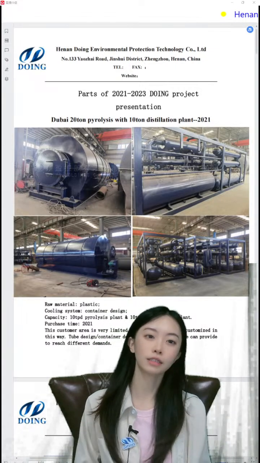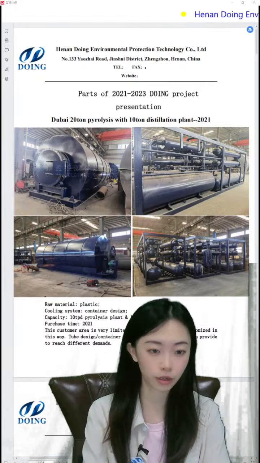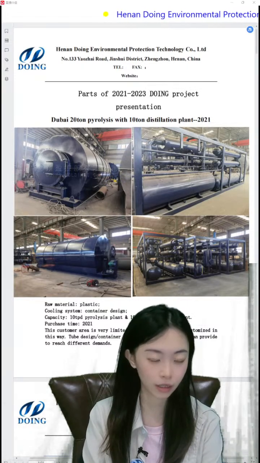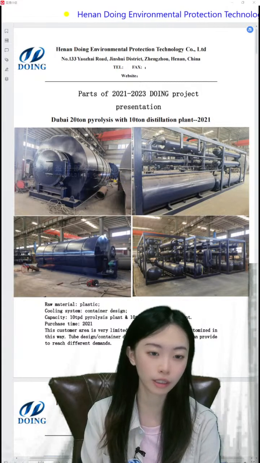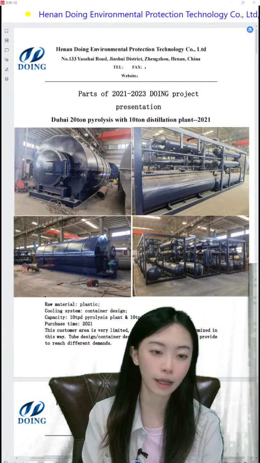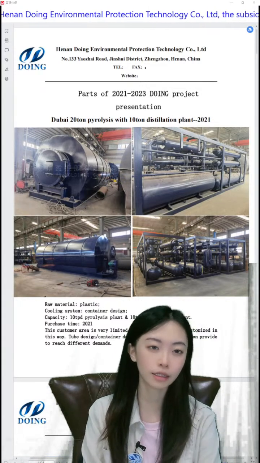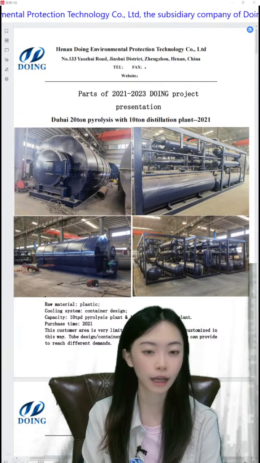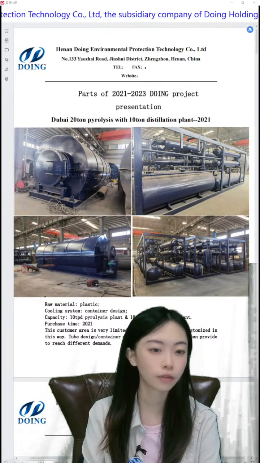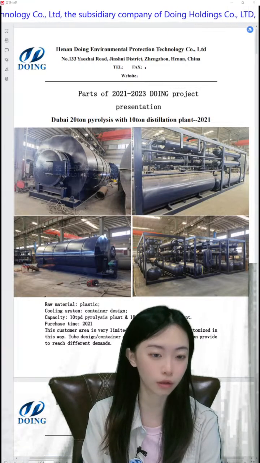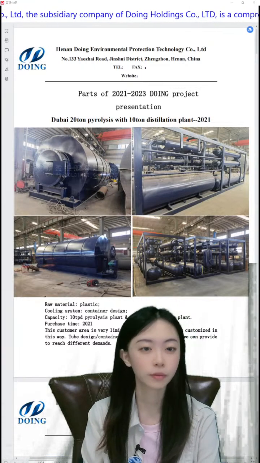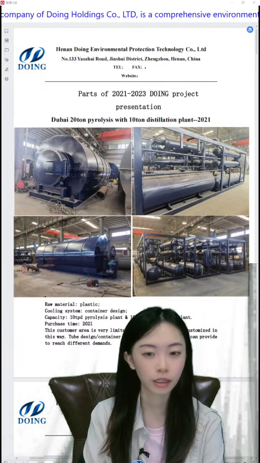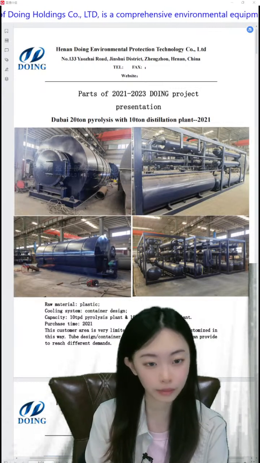This is the manufacturer of waste tire, waste plastic, and waste oil sludge recycling equipment. What products can we get? We can get the fuel oil from waste tire, waste plastic, oil sludge, quota residue, or some aluminium plastic.